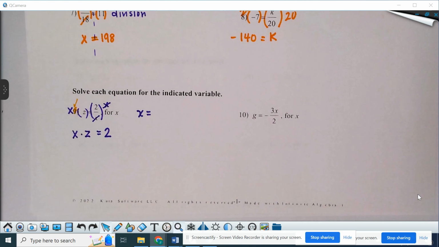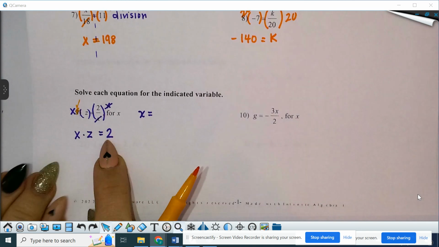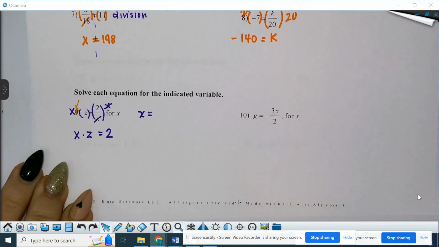Trick question, what am I going to divide by? Ooh, close. If we divide by x, then we put x back in the denominator, and that's no good, right? If I divide by 2, I'm not getting x by itself. So that 2 is over here in its own room doing its thing. There you go. Z it is.